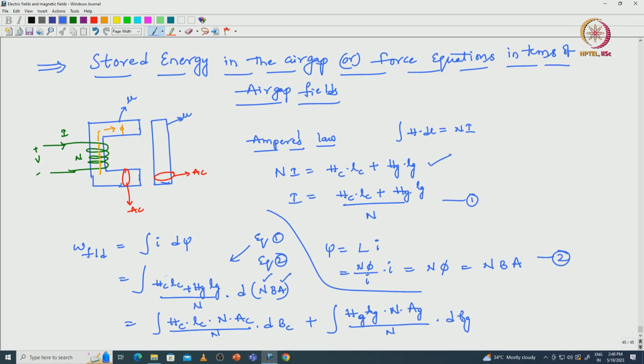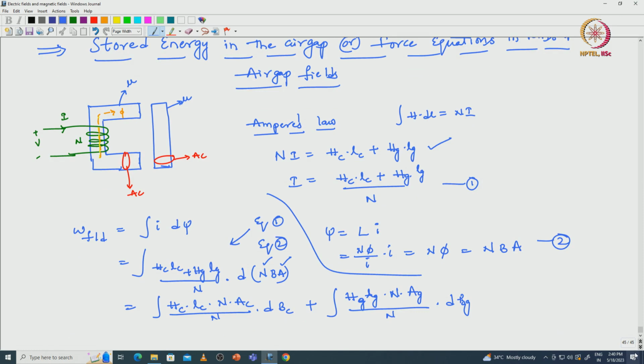Here Ac is the cross-sectional area of the core and Ag is the cross-sectional area of the air gap.